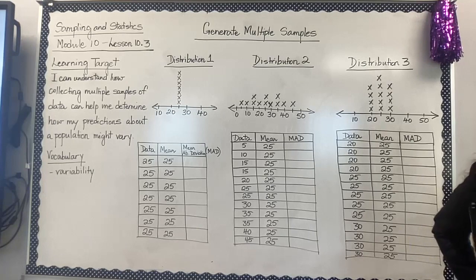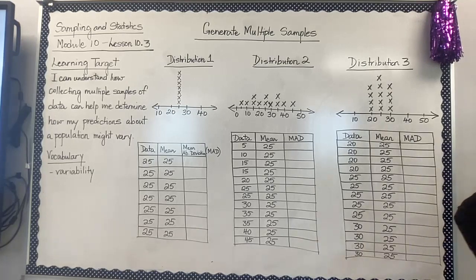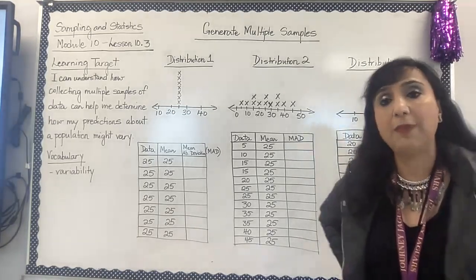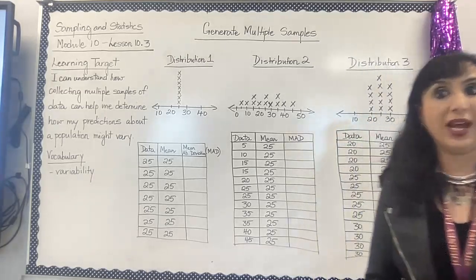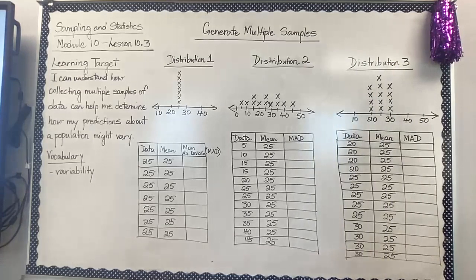However, if the sample is properly conducted, the sample mean should be pretty close to the population mean. If multiple samples are collected, the means of those samples can help you determine the reliability of a sample mean as an estimate for the population mean.